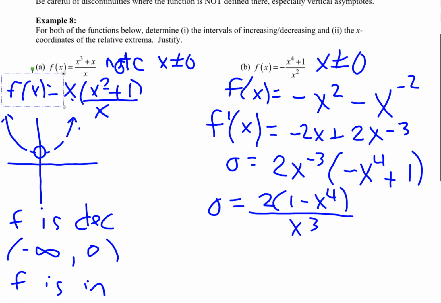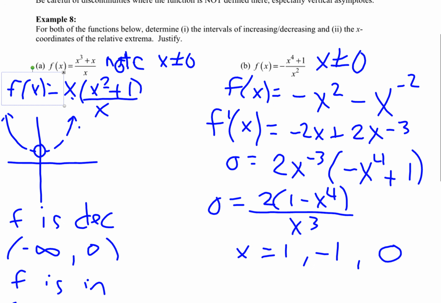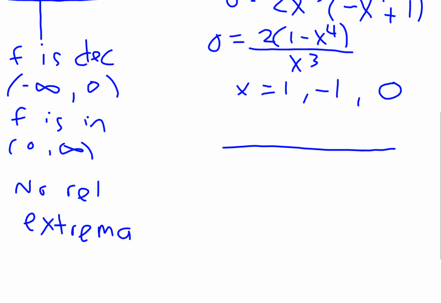All right, to figure out where the derivative might change signs, the critical values would be at 1 and negative 1. And remember that the 0 we're going to include because it was not included in the domain, so the signs could change there. All right, so negative 1, 0, 1.